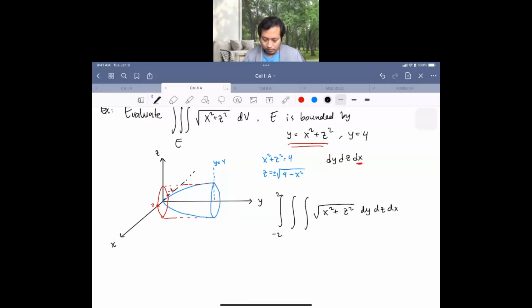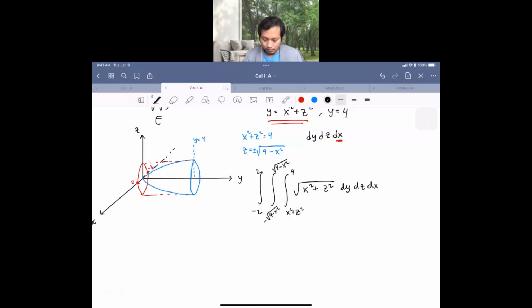And dz will be from the negative of the square root of 4 minus x squared to the positive square root of 4 minus x squared. And then dy is from the paraboloid until 4. That's the maximum endpoint for the plane, right? The y equal 4.